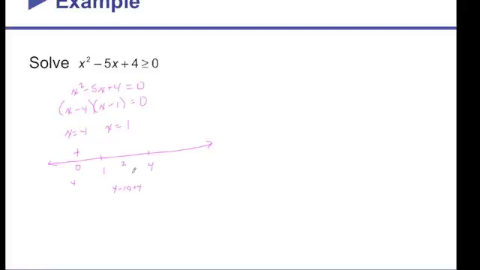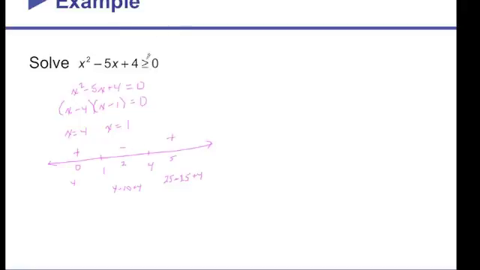It'll be 8 minus 10 is -2. That's a negative. And a value here, I'll do 5. So 5 squared is 25, minus 5 times 5 is 25, plus 4. Oh, that's a positive also. So this becomes my sign diagram.